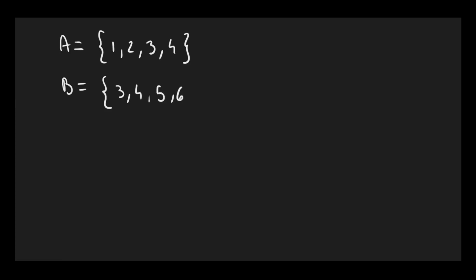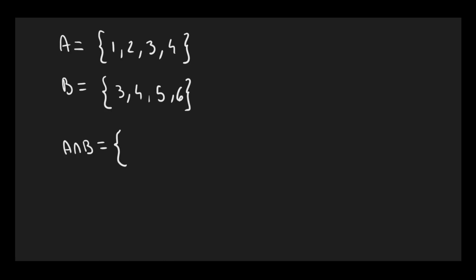Let's say we have A, which is 1, 2, 3, and 4, and we have B, which is 3, 4, 5, and 6. What is A intersection B? So in order to find A intersection B, we have to find all the elements which are found in both sets.